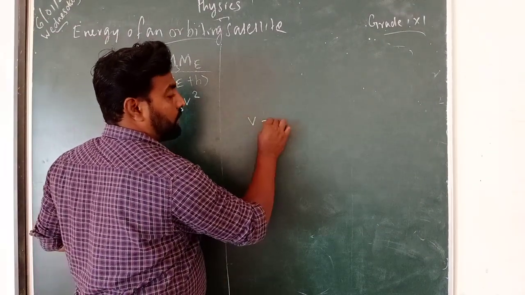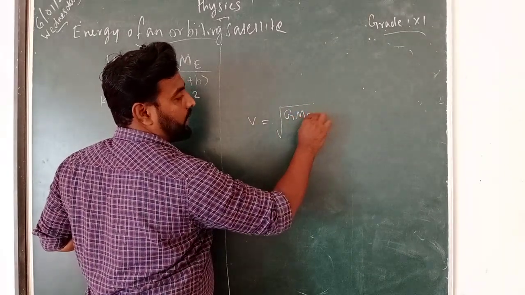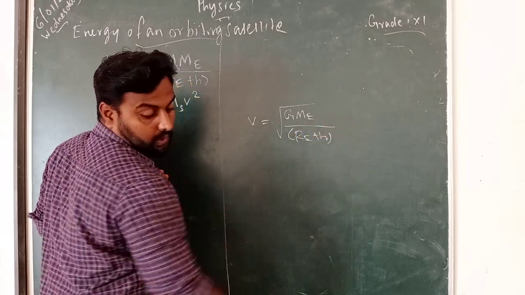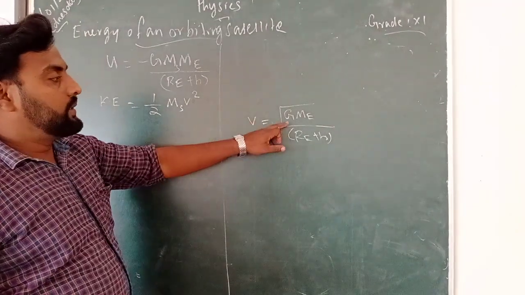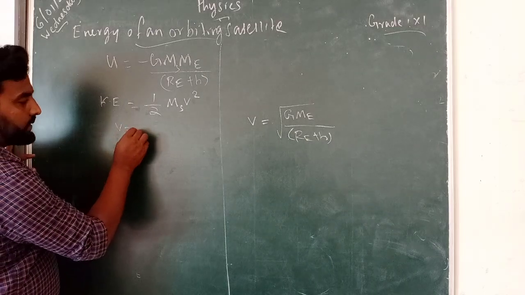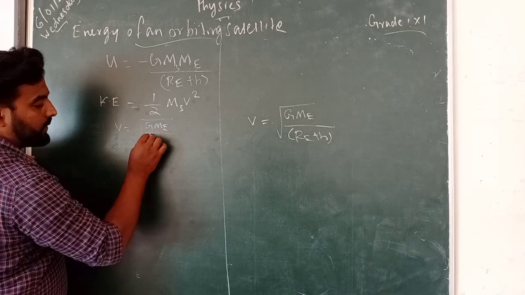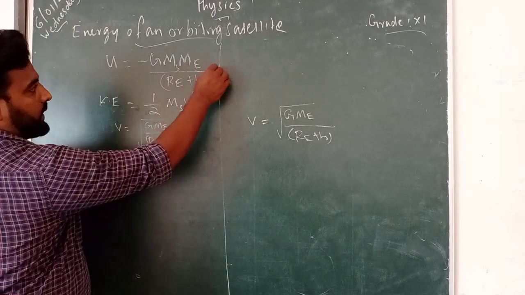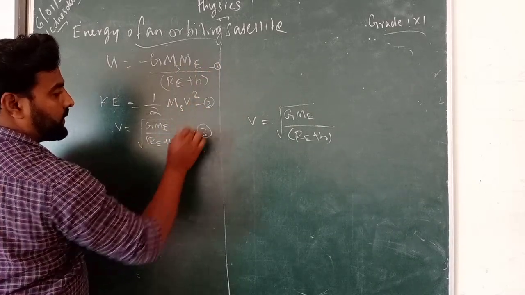Orbital speed is root of G Me by Re plus h. So v is equal to root of G Me by Re plus h. You take this as equation 1, this as equation 2, this as equation 3.